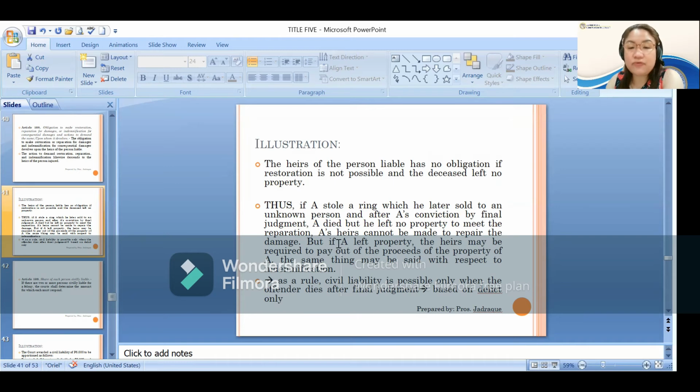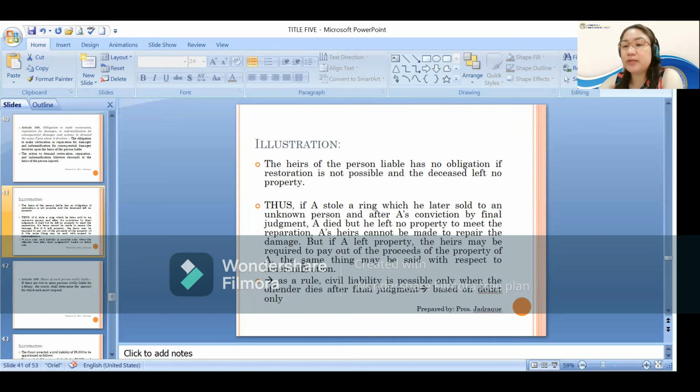But if A left property, the heirs may be required to pay out of the proceeds of the property of A. See? So the one that will be used to answer for the civil liability would be the property of the deceased offender. The same thing will be said with respect to indemnification.